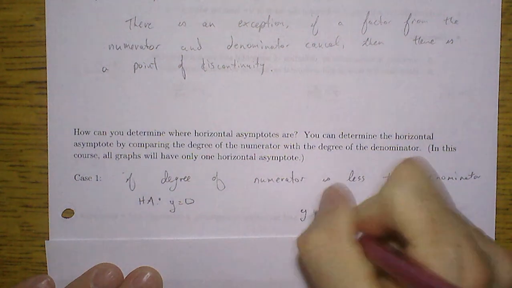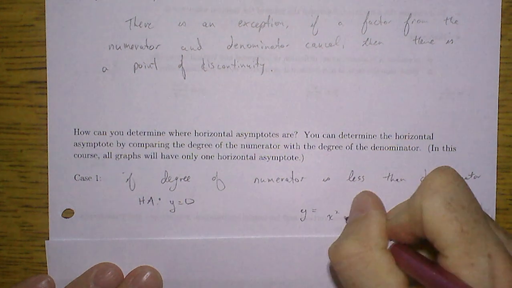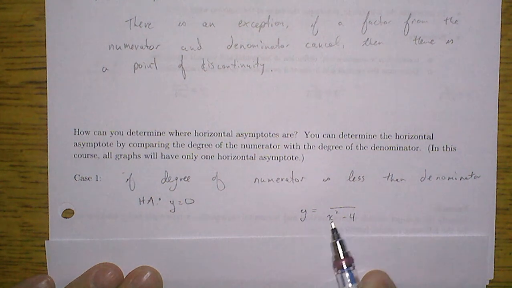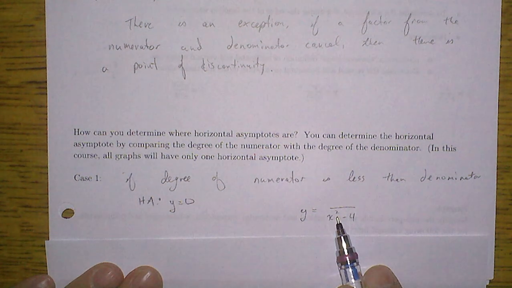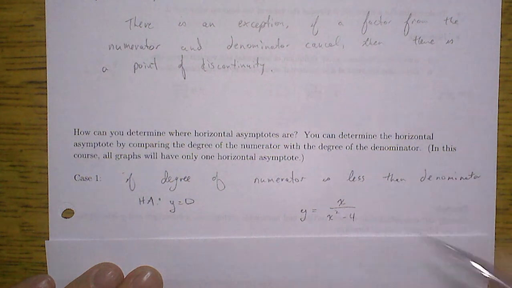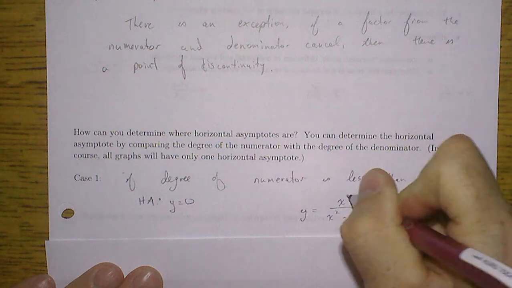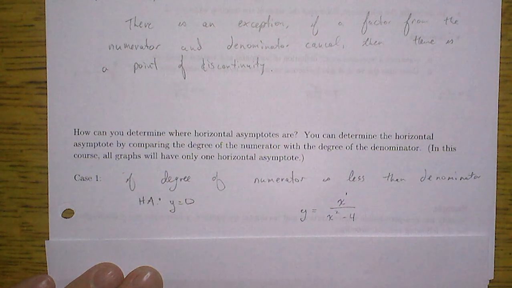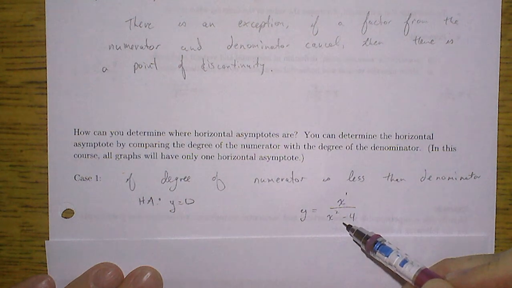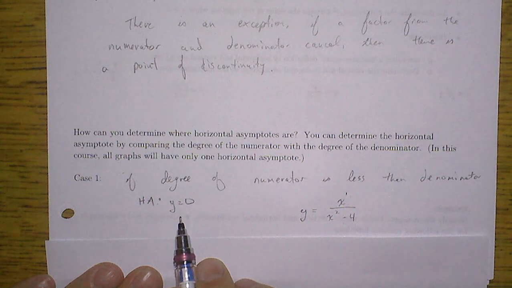So if y is equal to something with a denominator whose degree is 2, then provided that whatever polynomial expression I put at the top has a degree less than the degree of the denominator, we will have a horizontal asymptote at y is equal to 0.